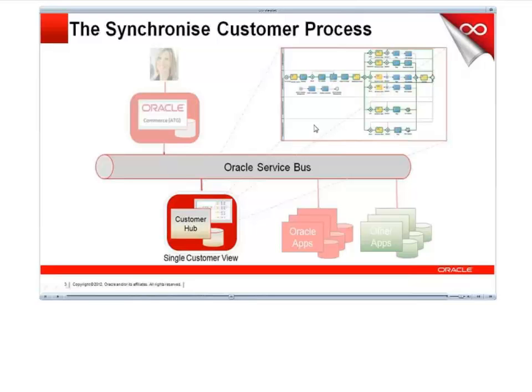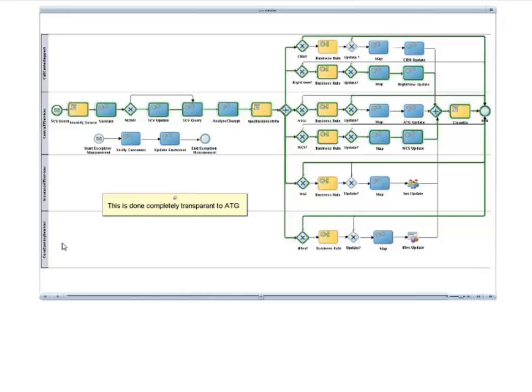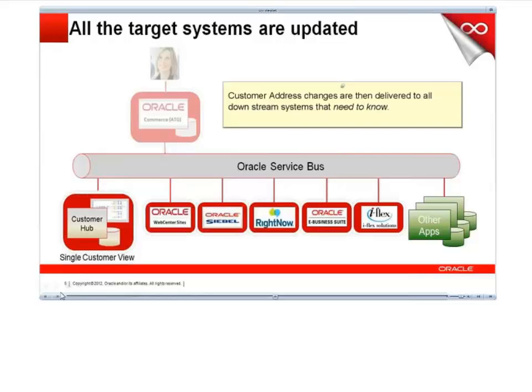In this case, it was an address details change. So as that change came down, the BPM process picked this up and then pushed the change out to all the relevant applications. It's what we call the synchronizing customer change process. So this particular BPM process is now responsible for all the different changes. Now, from a front-end perspective, the ATG store doesn't actually need to know where this change is being propagated to in real time.